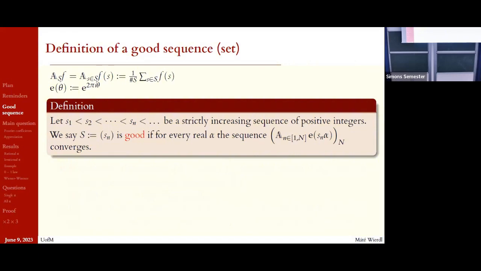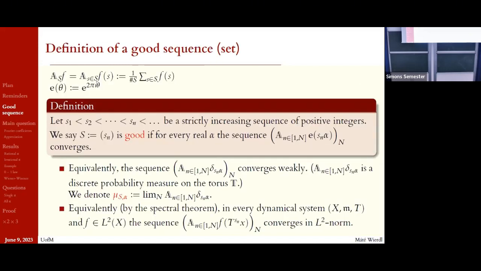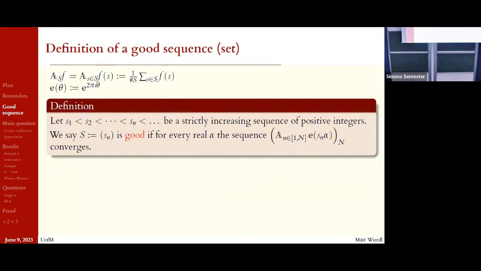We say that this sequence is good if for every real α, the sequence of Fourier transforms, the average of e(s_n α), converges. It's important that for every α we have convergence.